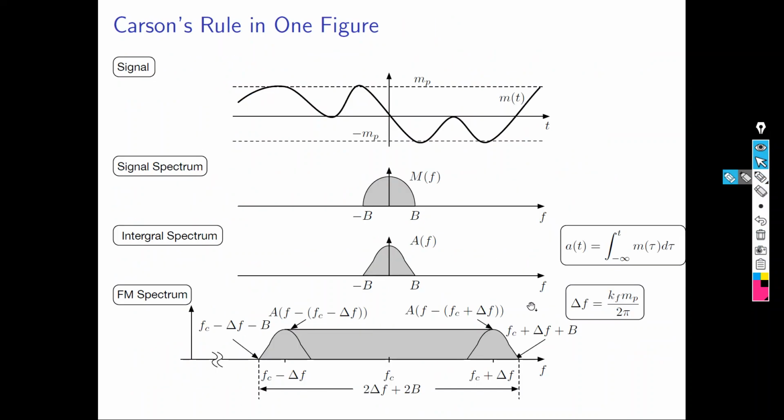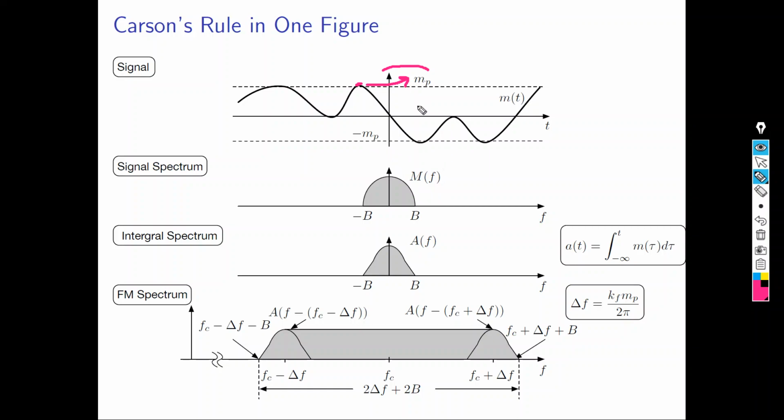Now let's give a graphical representation of what we are talking about. In the first figure, you have your message signal, m of t, and the maximum amplitude, as you can see, is MP here. We denote it MP, and this is the minimum, minus MP.